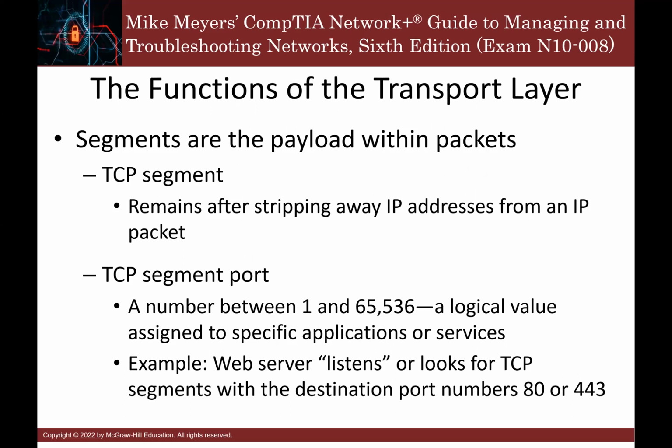The TCP segment remains after stripping away all the IP addressing from an IP packet. The TCP segment port numbers are going to be numbers between 1 and 65,536, a logical value assigned to a specific application or service. So a web server listens for TCP segments with the destination port numbers 80 or 443. This is HTTP and this is HTTPS.